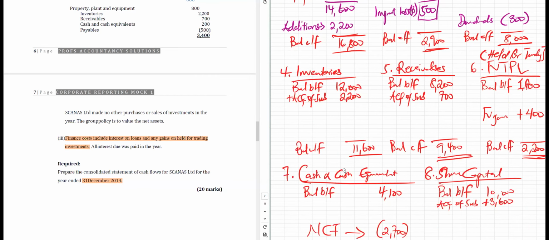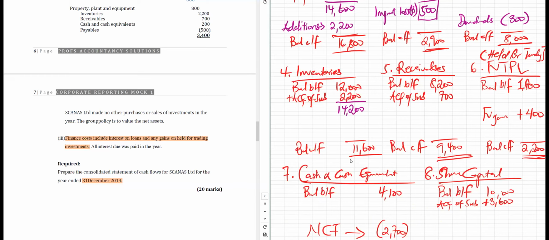Inventories. 12,000 plus 22, now it's saying 14,200. Okay, in the inventory, now 14,2. By the end of the year, your inventory reduced to 11,600. So if you sell goods, is it outflow or inflow of cash?